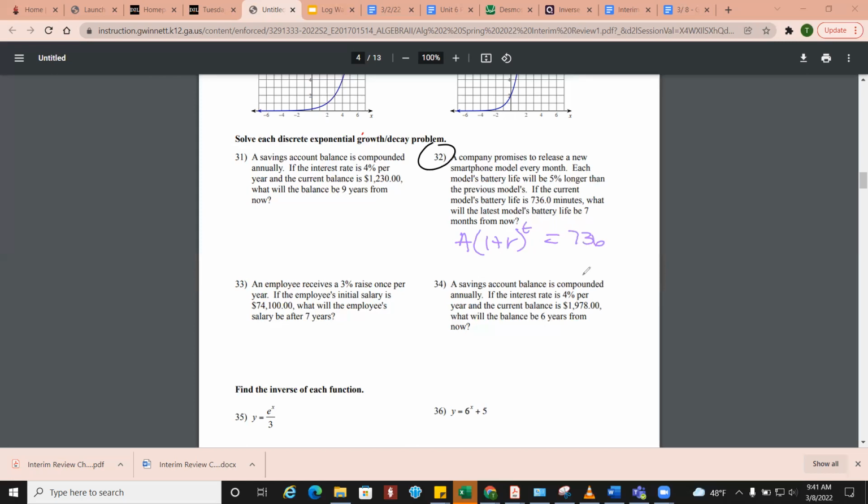You're going to multiply it times 1 plus my rate, 5%. Please remember to change it to a decimal. They're asking for 7 months, so you're going to raise this to the 7th power, and plug it into your calculator. It's something like 1,000 something. I don't know off the top of my head.